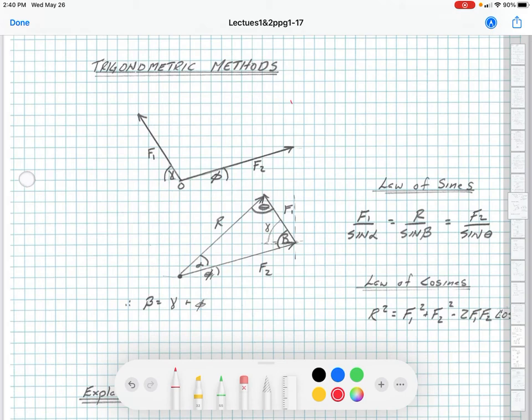So check it out. We have these two right here are very important. It's what you're going to probably utilize very early on in your course.